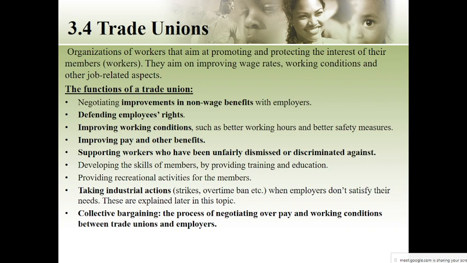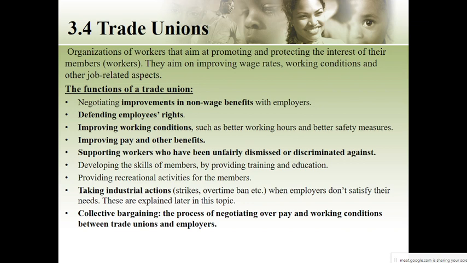Let's see what the functions of the trade union are. All these functions are based on common sense. As we already said, they promote and protect the rights of labor. So how they will protect and how they will promote are the functions of the trade union. The first is negotiating improvement in non-wage benefits with employers.